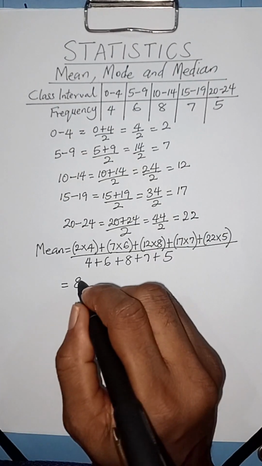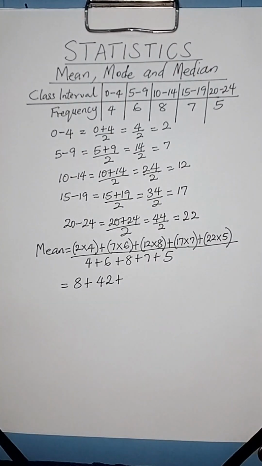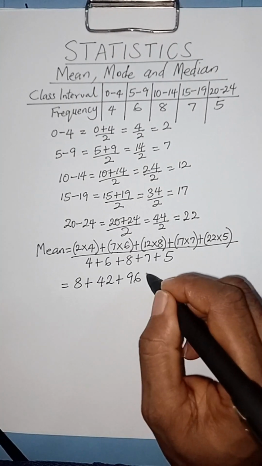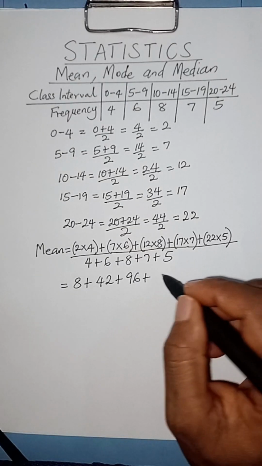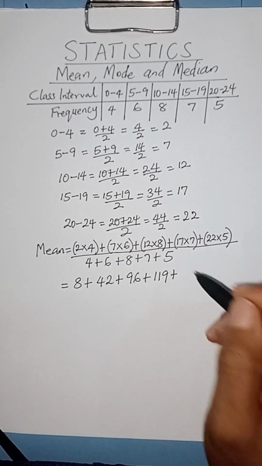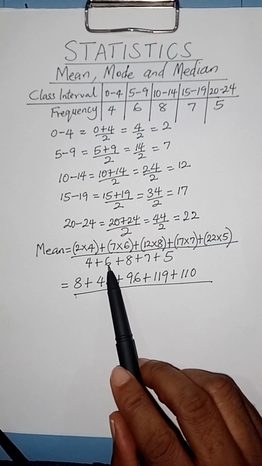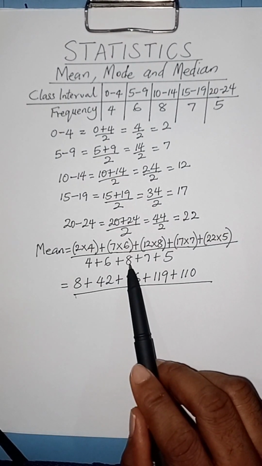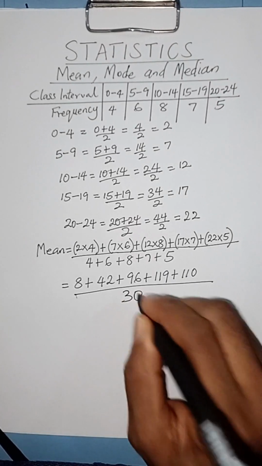2 times 4, 8. 7 times 6, 42. 12 times 8, 96. 17 times 7, that gives you 119. And lastly, 110. Divide by 4 plus 6 is 10, plus 8, 18, plus 7, 25, plus 5, then you have 30.